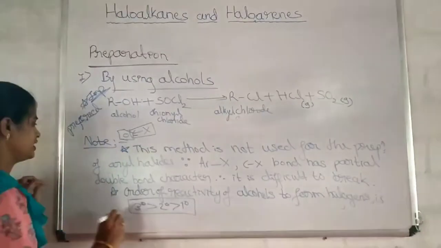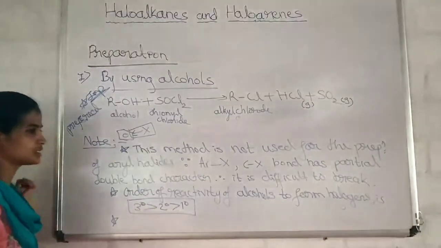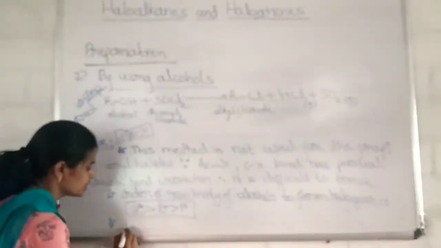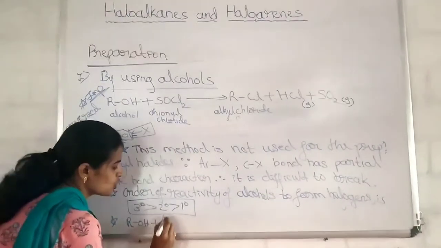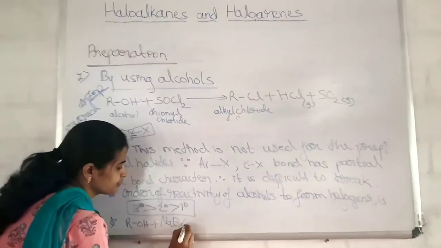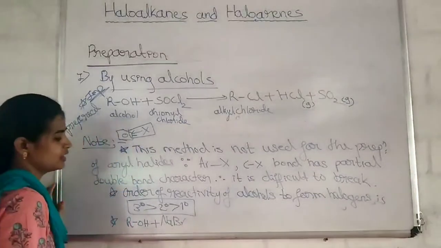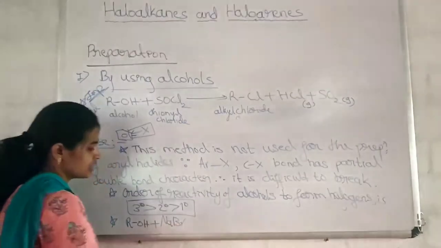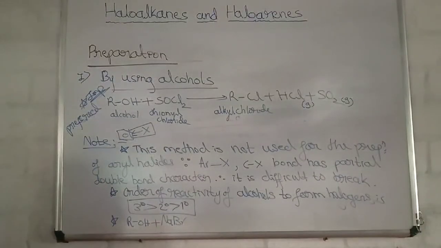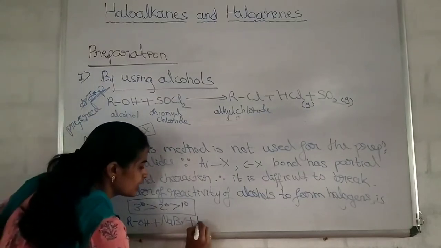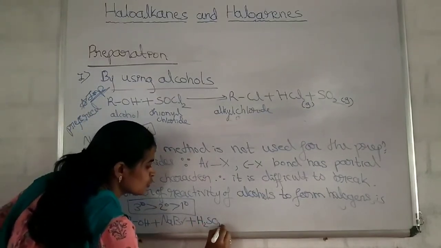Got it? In your NCERT textbook, one more reaction is given for the preparation of alkyl halides, that is with sodium bromide, NaBr. You can complete the reaction. One more example is given here: with NaBr and H2SO4.